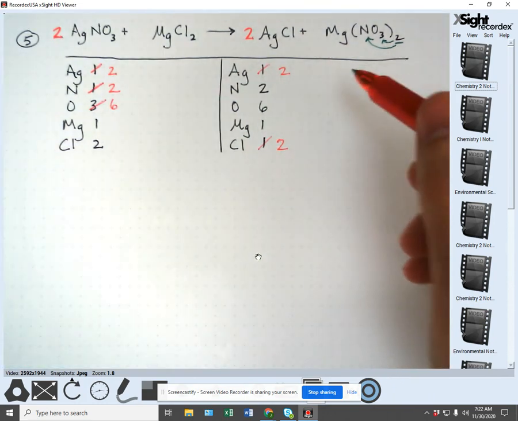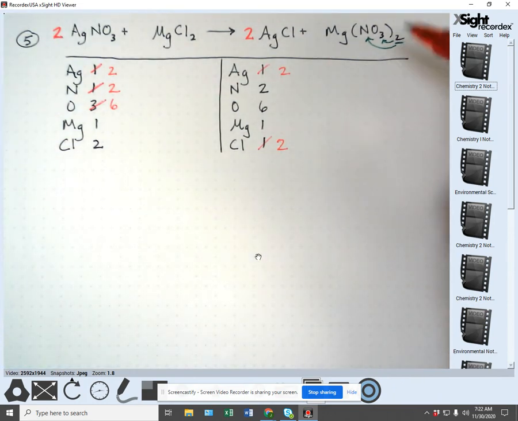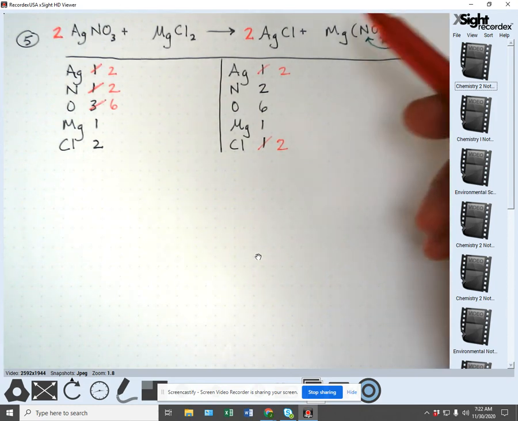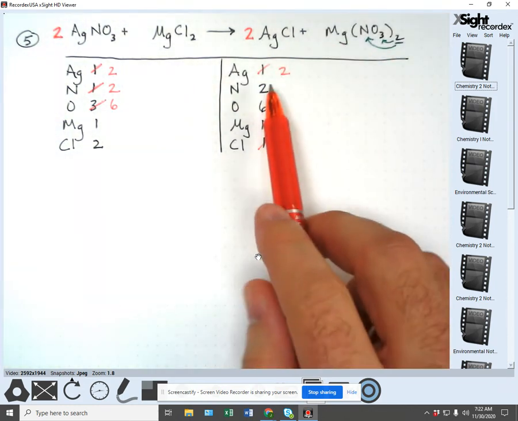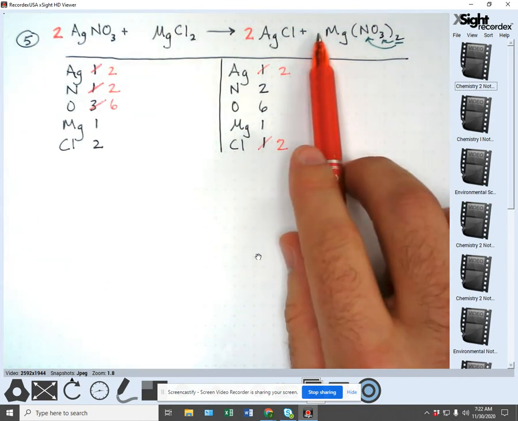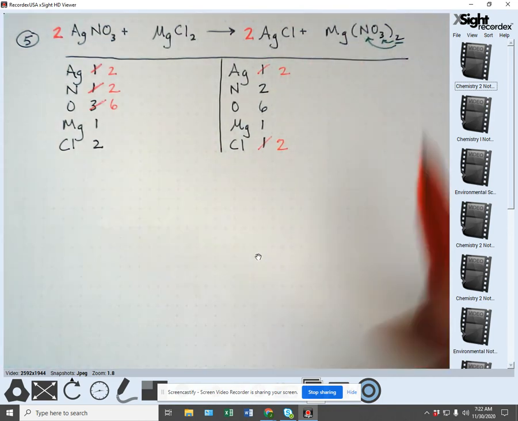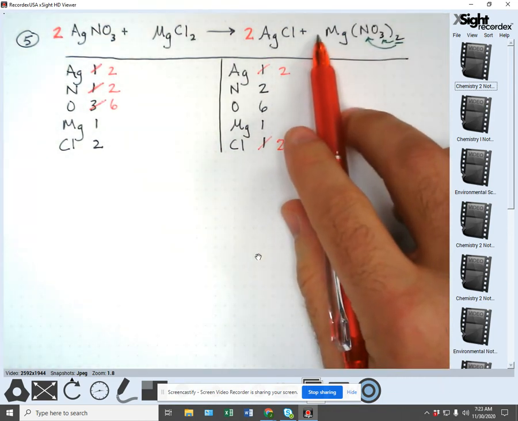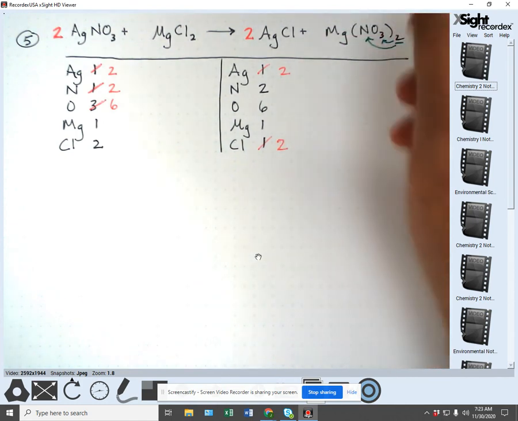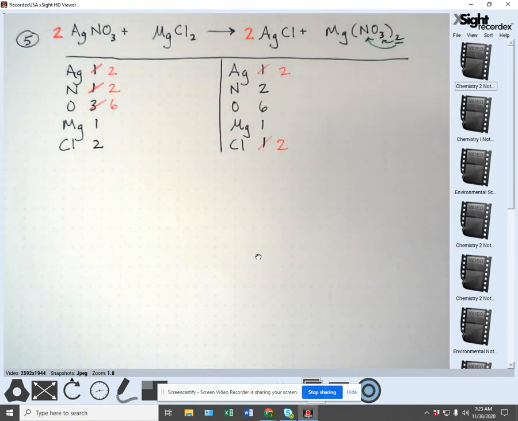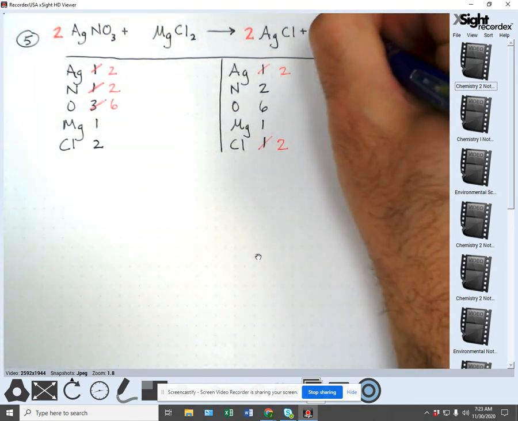Now, let me tell you something else here. If we needed to put a number in front of the MgNO3, let me use a different color here just to differentiate. Let's say I put a 2 in front of this.